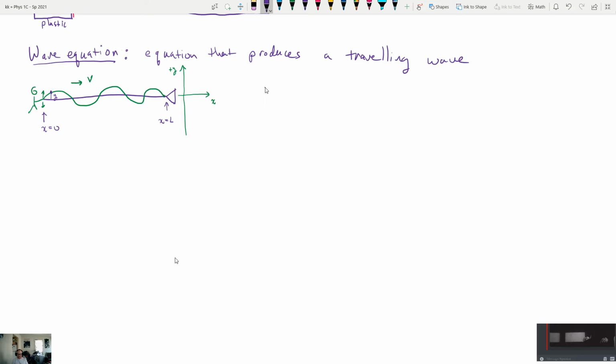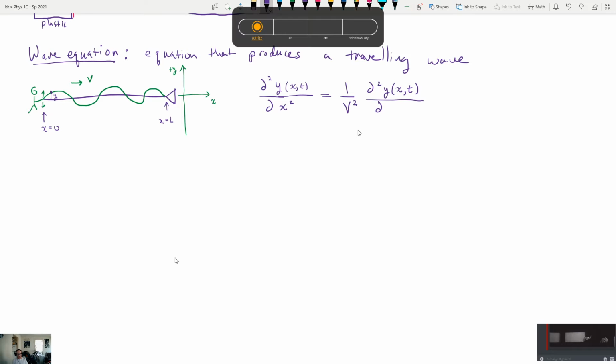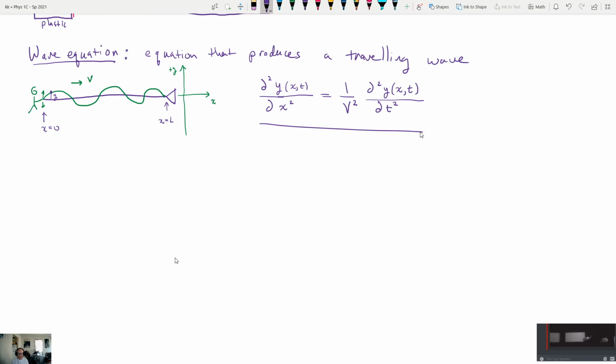If the y-coordinate and the x-coordinate of the wave satisfy this equation, we call this the wave equation.